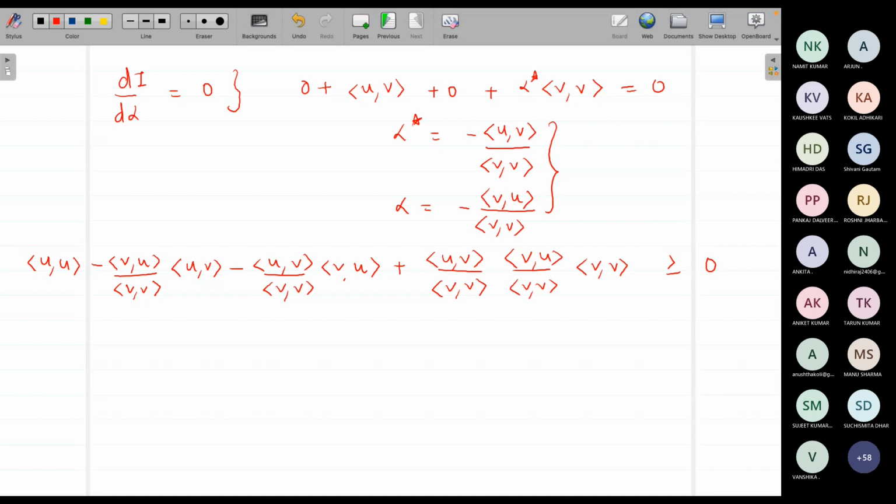Now, this looks interesting. This guy will cancel with this. What are we left with? <u,u>, of course, and this term <u,v><v,u> divided by <v,v>. Does this cancel with any other term? Yes.